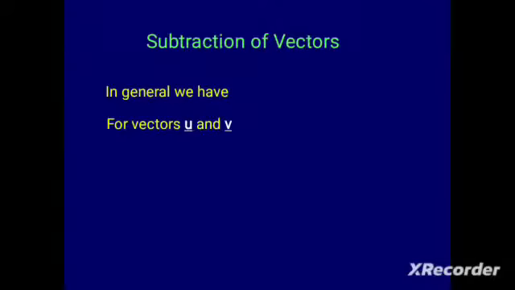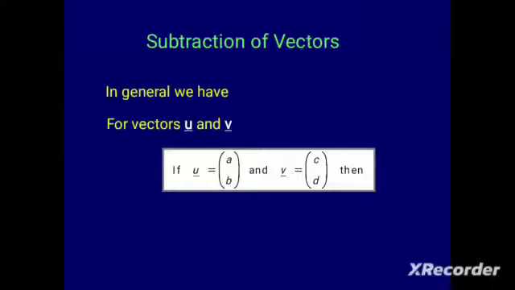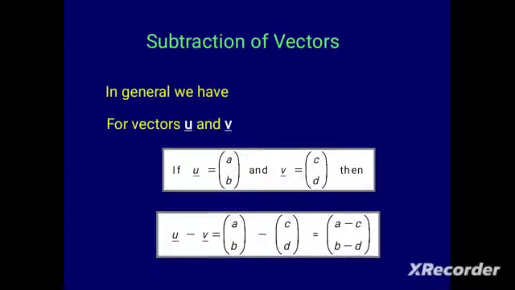Now in general, for vectors u and v, if vector u is equal to (a, b) and vector v equal to (c, d), then vector u minus vector v will be given as (a, b) minus (c, d). In this case, we are going to subtract the components, so that is a minus c and b minus d.